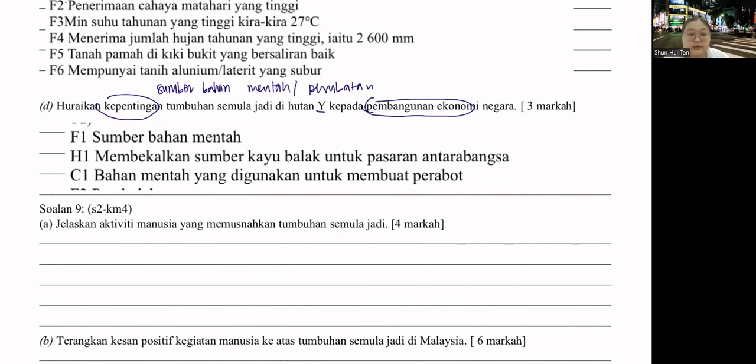Alright, so you can say lah, hutan hujan tropika membekalkan sumber kayu balak, seperti pokok cengal, pokok meranti, untuk pasaran antarabangsa or untuk mengeksport ke negara lain. Contohnya, bahan mentah dapat digunakan untuk membuat perabot.